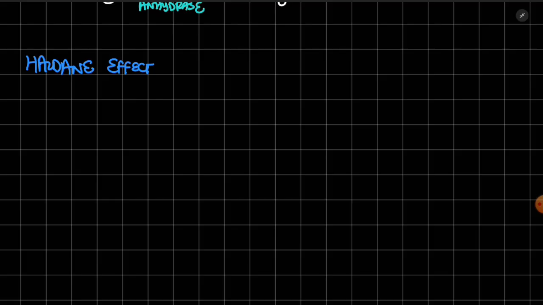Let me tell you one thing. When we perform normal ventilation or breathing, we inhale O2. This O2 is sent from the lungs to the tissue level.